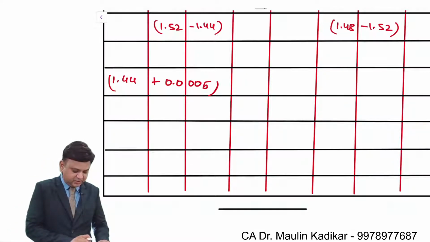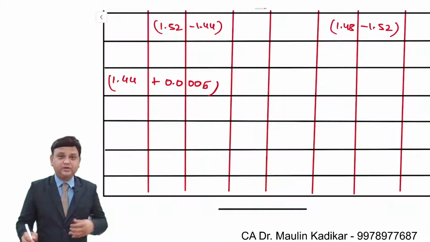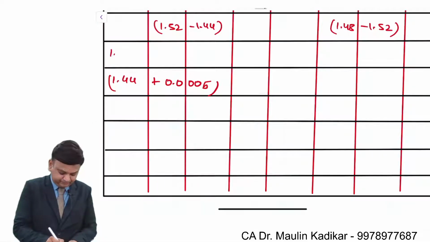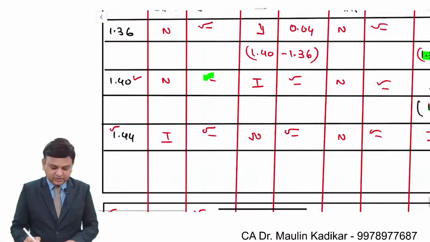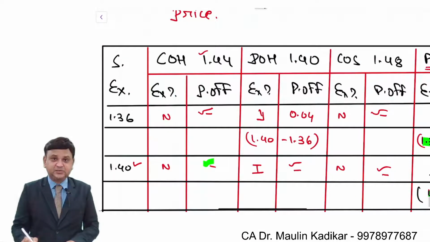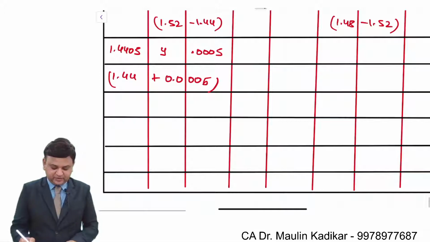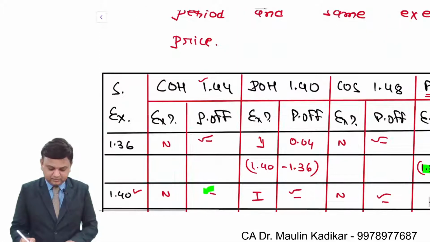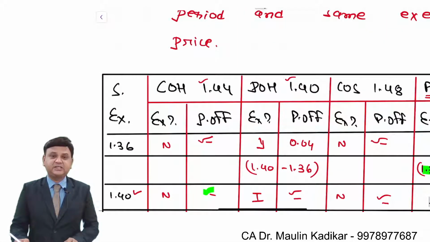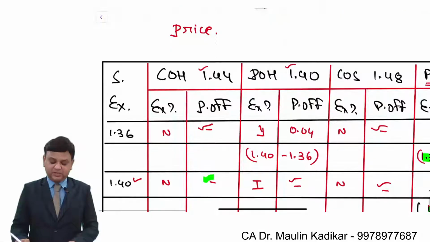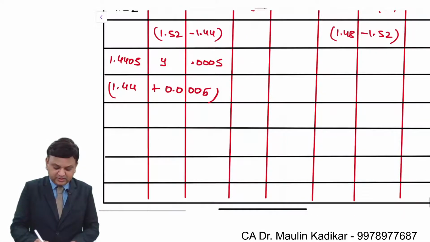So 1.4405. This spot exchange rate is exceeding the exercise price. So 0.0005. Now we understand that the exercise price is not exceeding the spot price, so you will not exercise your put option.